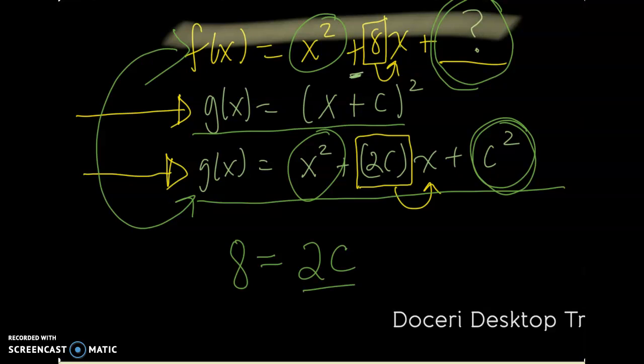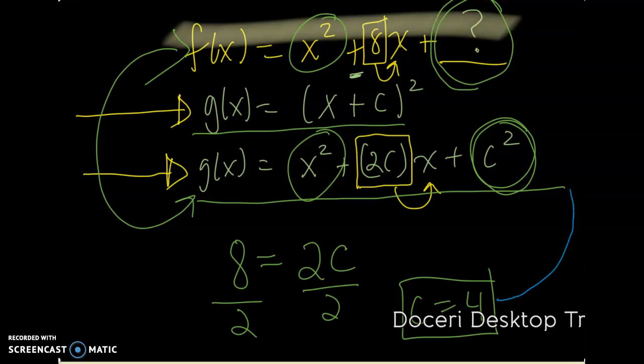Well, we can solve for c by solving that simple one-step linear equation. So then we get c equals 4. So now what number do we need to add in order for f to factor nicely? Well, it's saying you need to add c squared, right?